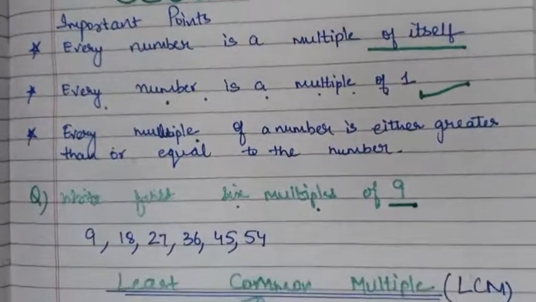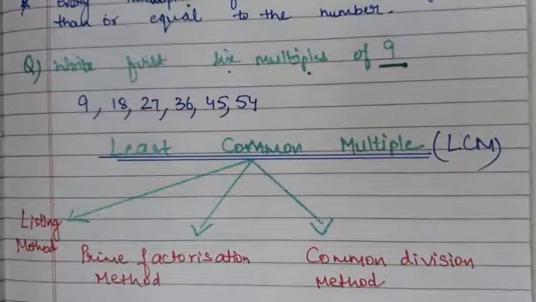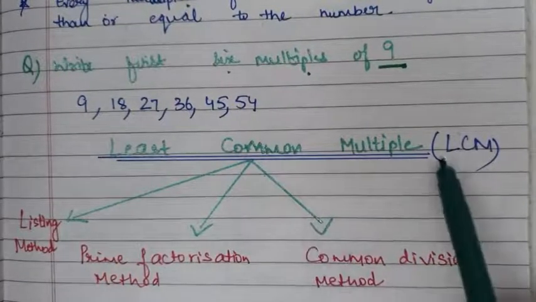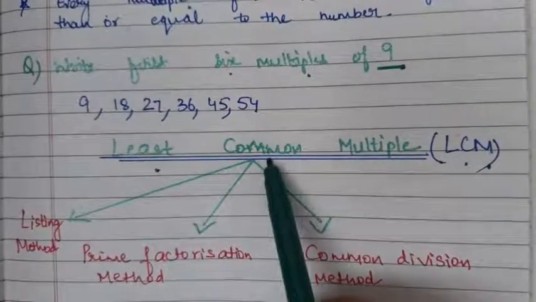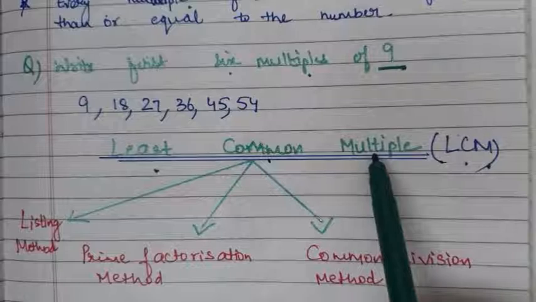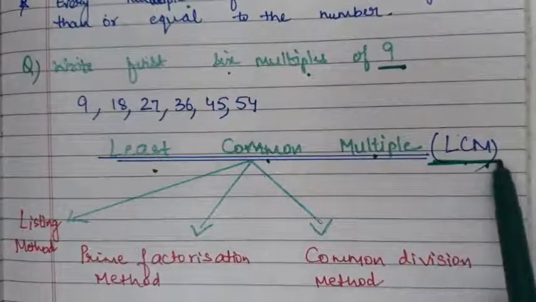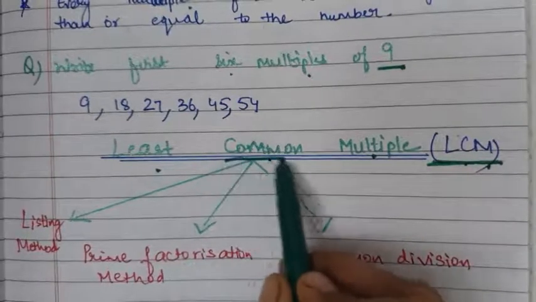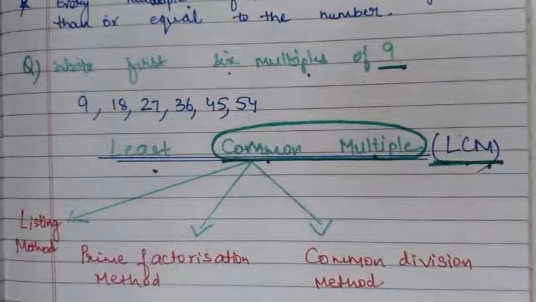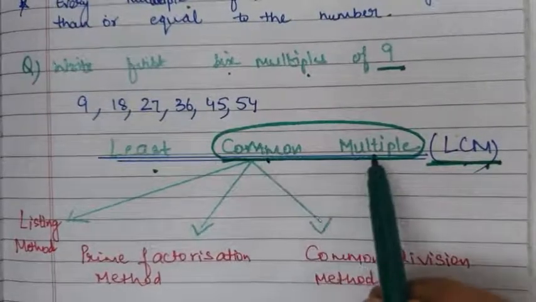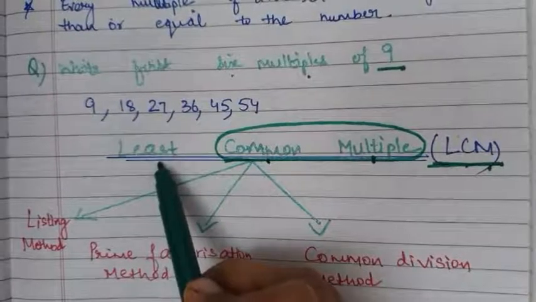Now students, let us discuss a very important topic, that is LCM, least common multiple. It is very clear from the name that first of all you need the common multiples, and from the common multiples you will find the least number.